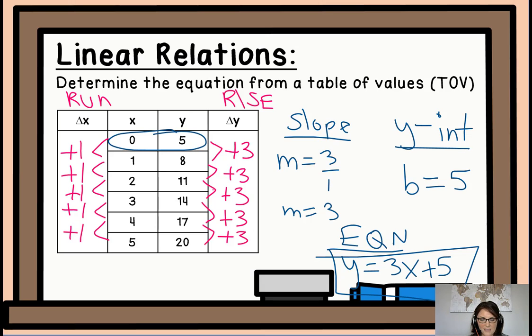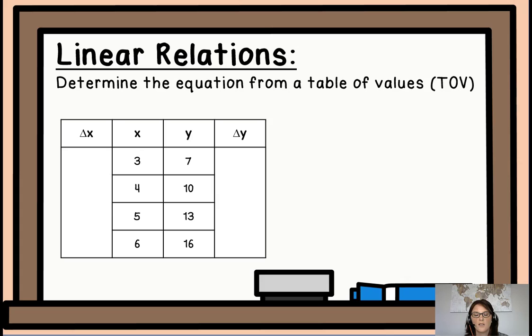Okay, let's go ahead and look at a second example. So again, we're going to determine the equation from a table of values. And our numbers down the Y column are 7, 10, 13, and 16. And down the X column are 3, 4, 5, 6. So go ahead, fill in your table with the change in the Y and the change in the X. So we've added 3 down the Y column each time.